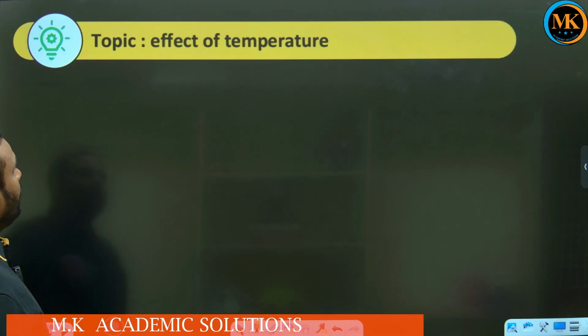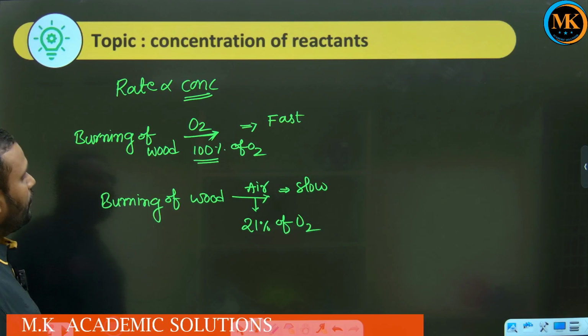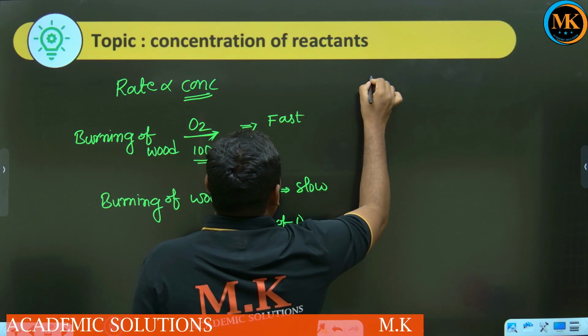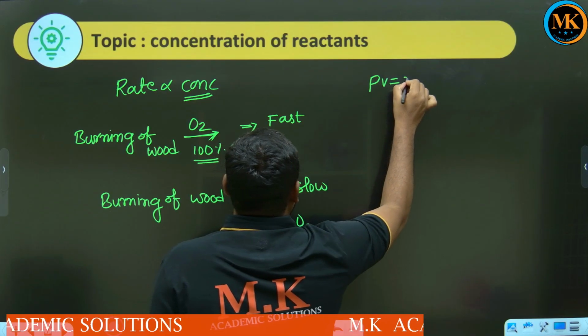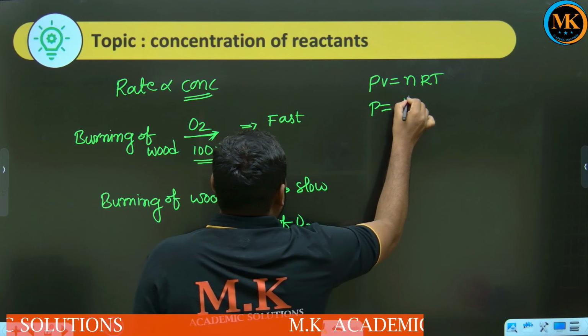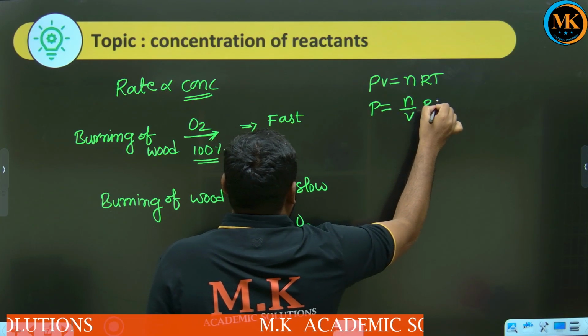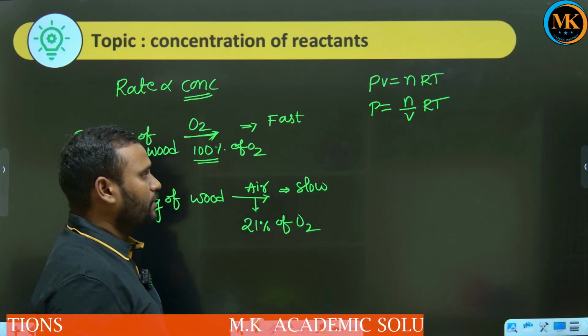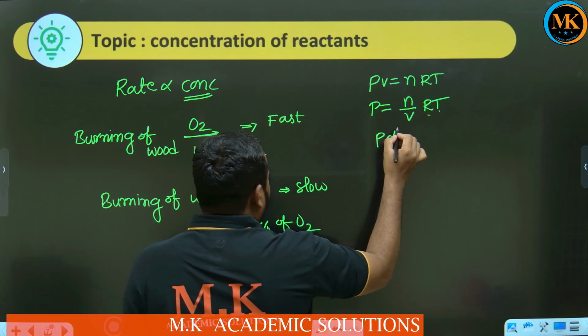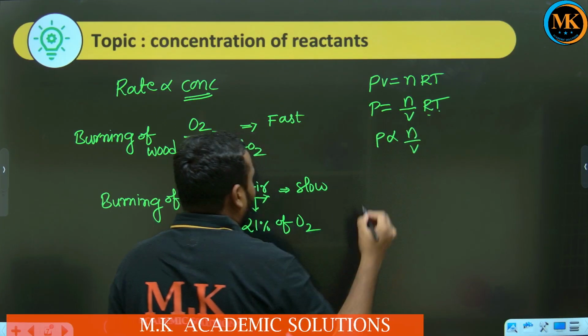And next, if you see the effect of pressure. Okay, so we already know, according to the ideal gas equation, PV equal to nRT. Therefore P is equal to n by V into RT. So now here RT, if you take as constant, pressure is directly proportional to number of moles by volume in liter.